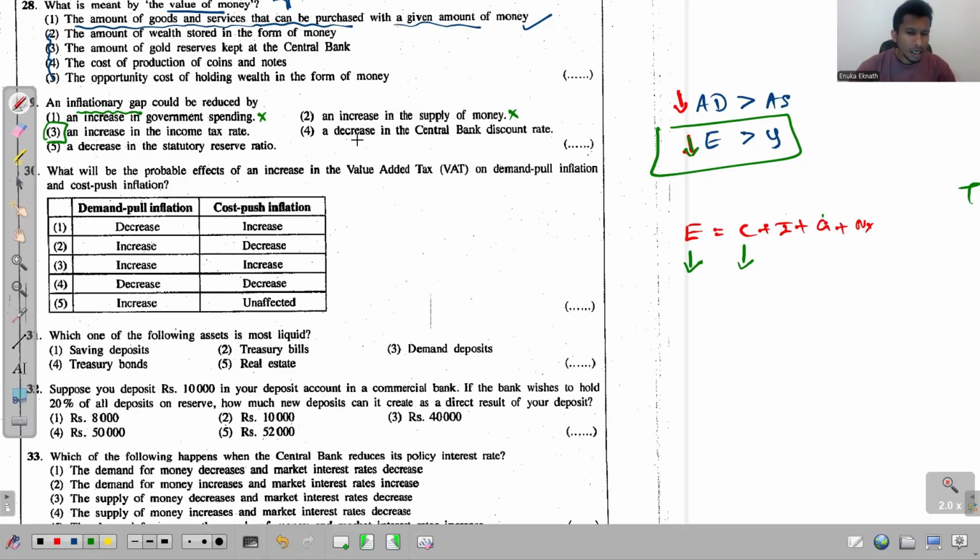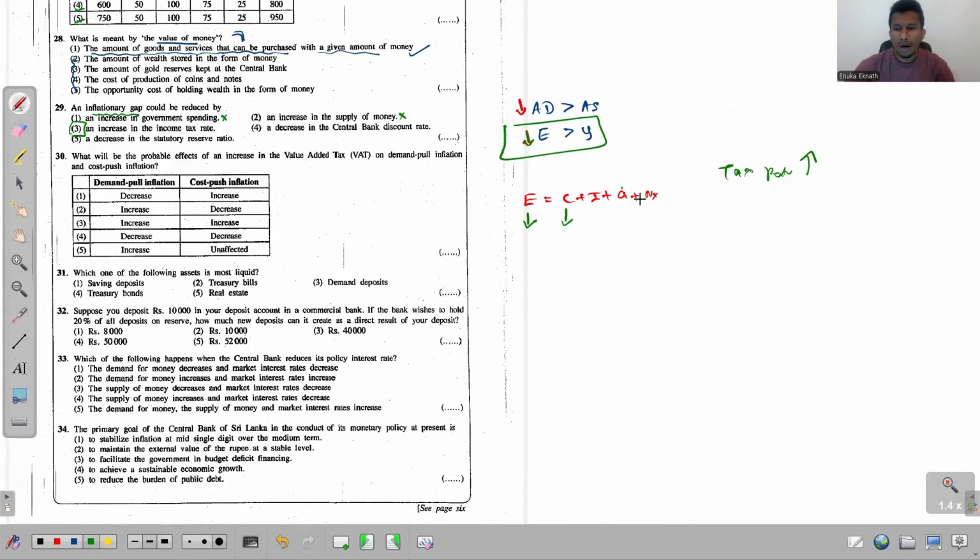Fourth one says a decrease in the central bank discount rate. See, once again, when the central bank discount rate, or simply the interest rate, is decreased, what happens? Ability to create credit increases.